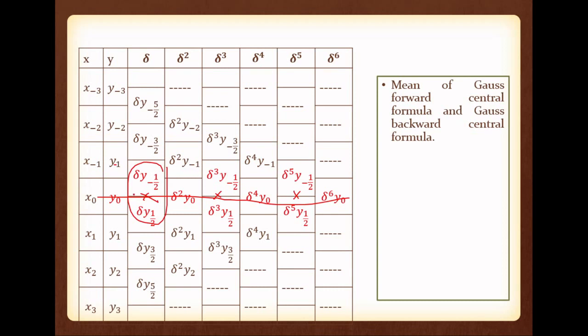We are using the average of these two. Here also we are taking the average of these two data, and here also. So we are going to use the central data, and wherever the central data is missing, we are going to use the neighbor data. These two are the neighbor data.